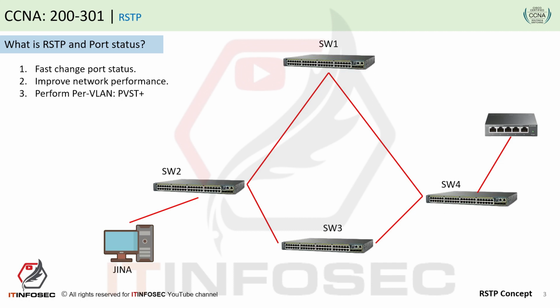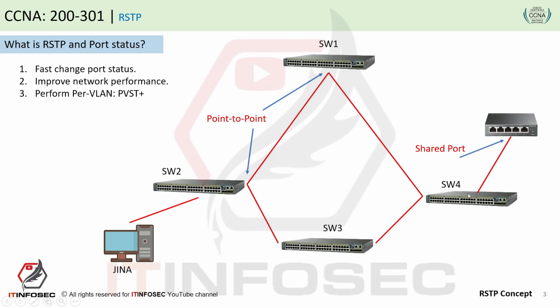Now this is our network. Imagine we have SW1, SW2, 3, 4, one computer connected to SW2, and one hub switch connected to SW4. If we run RSTP between the switches, the connection between two switches is known as point-to-point. These are the port statuses when we start RSTP.